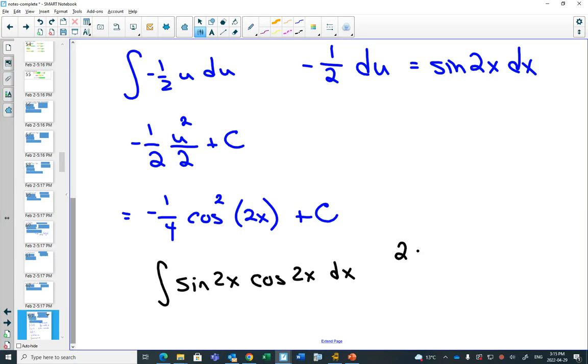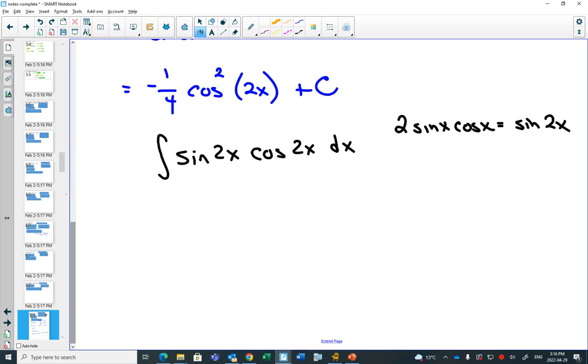You know that 2 sine x cos x is equal to sine 2x from your identities unit in grade 12 pre-calculus. I've got them all up on the board so you can cheat and look over there.